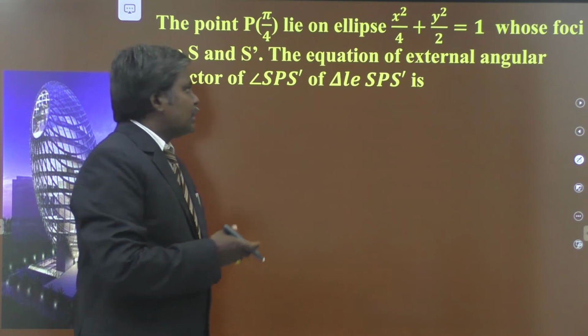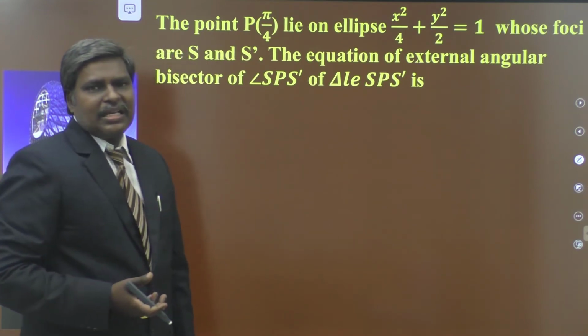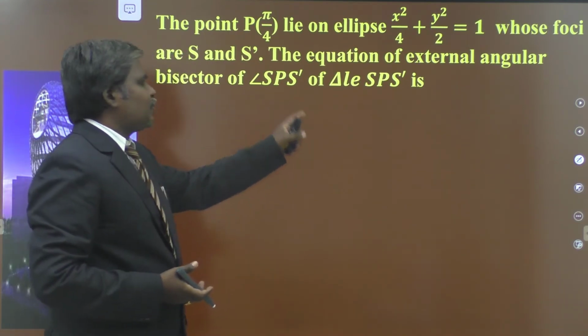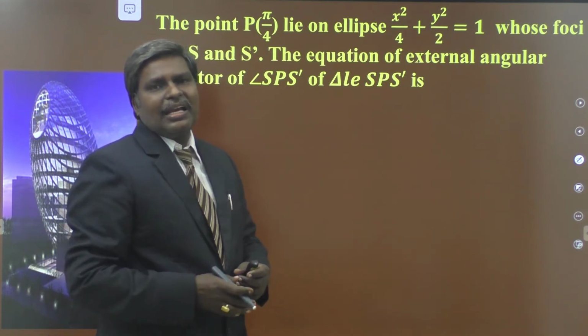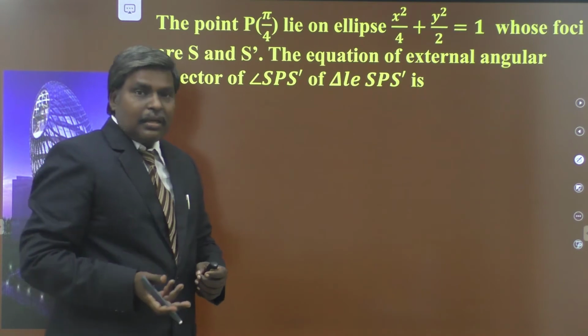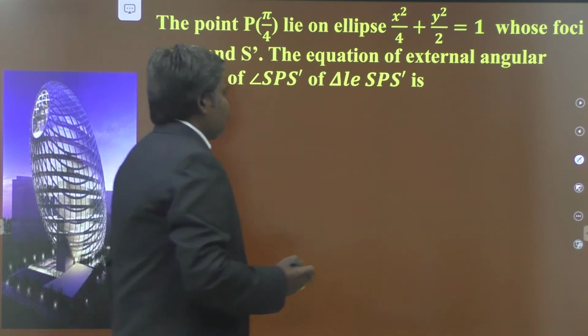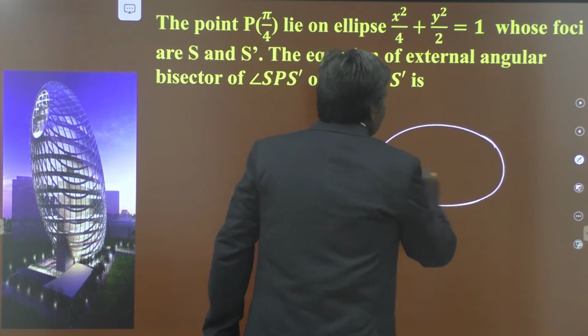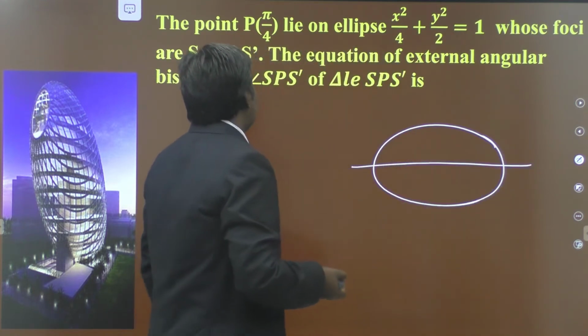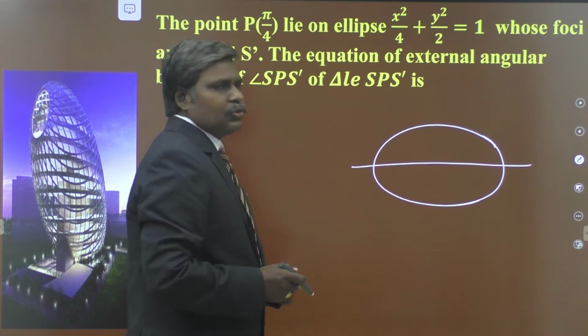Just we discussed it. The external angular bisector of that angle SPS dash is nothing but the tangent at P. The internal angular bisector is nothing but the normal at that point P. So the question is nothing but finding the equation of the tangent at P of pi by 4 to your ellipse.